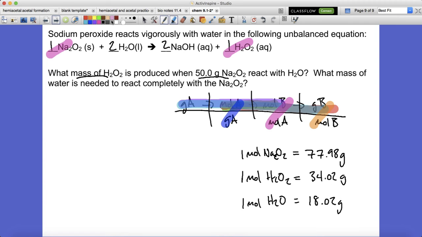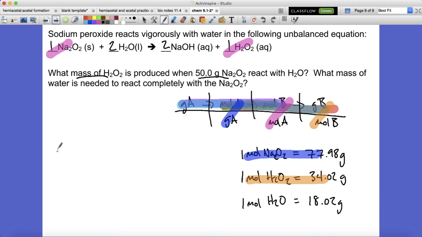Like I said, in this problem, I'm only going to use the masses for hydrogen peroxide and sodium peroxide, but I'm also going to use water in another example here.